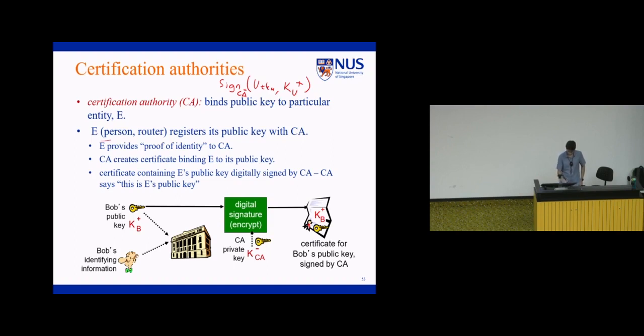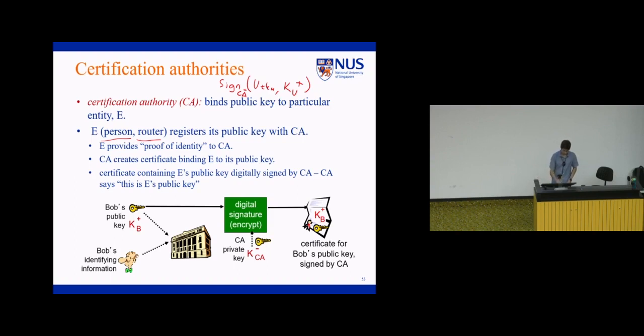So this is how that registration works. Let's say a person or a router, some entity or a web server wants to register the public key with the certificate authority. First, he needs to provide the proof of identity. I need to prove that I am indeed Utku. Perhaps I can send my government ID or something.